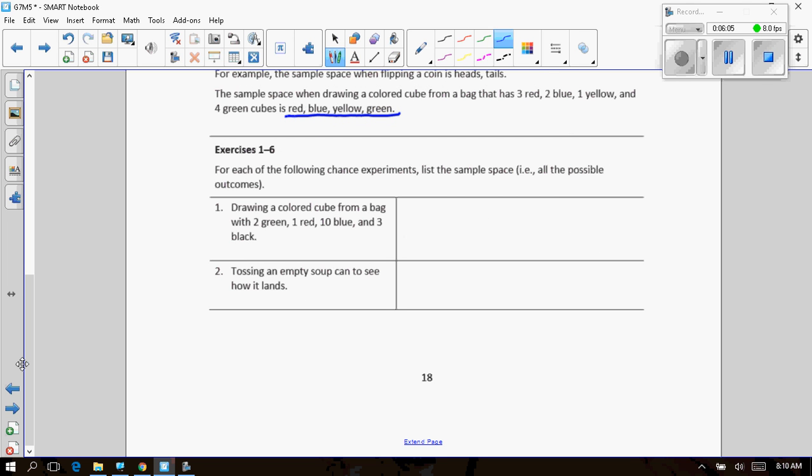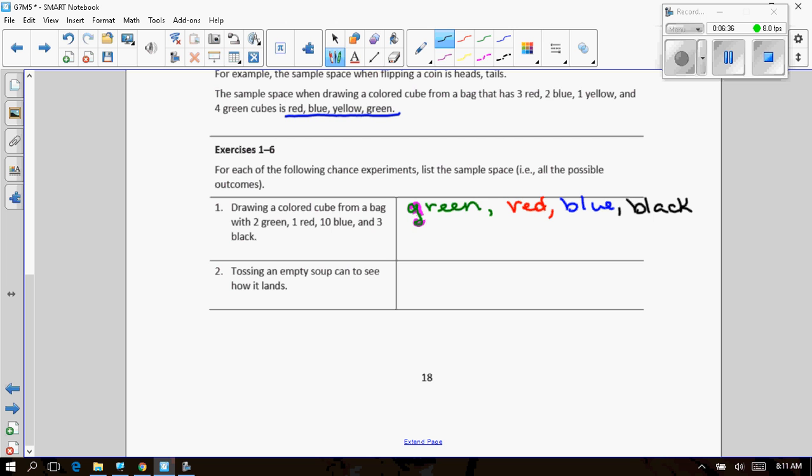The number of them does not matter, but we're going to have green, we will have red, there will be blue, and there is black. Again, the number of them doesn't matter. If I was going to draw one out, I have a chance of a green, a red, a blue, or a black. I don't have a chance to get yellow.